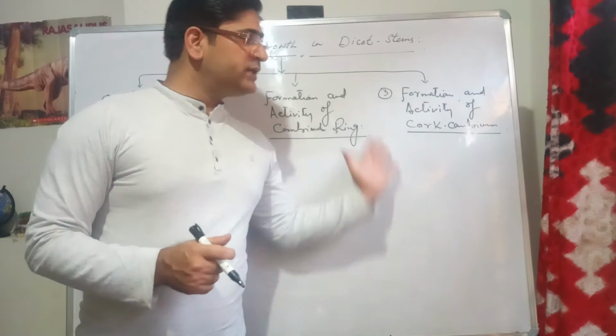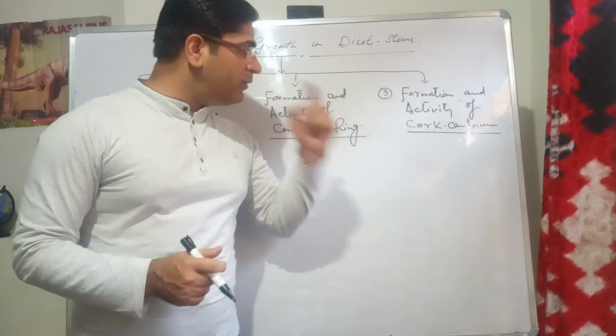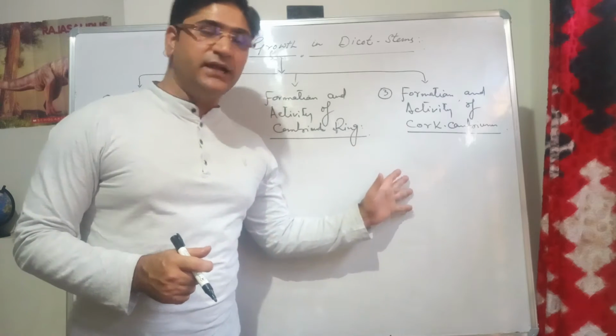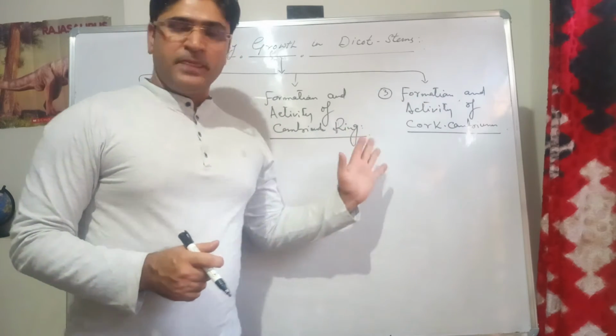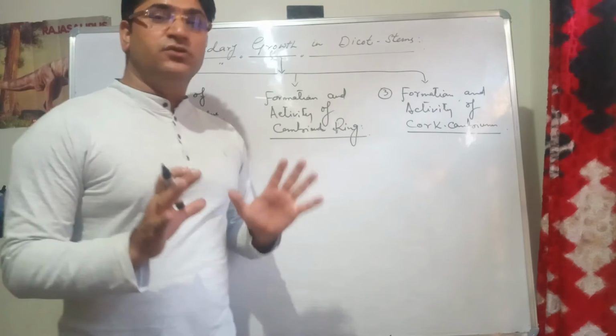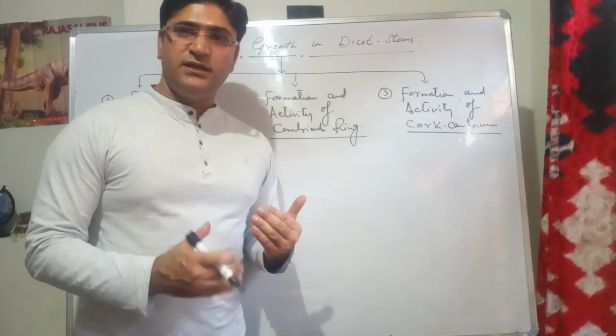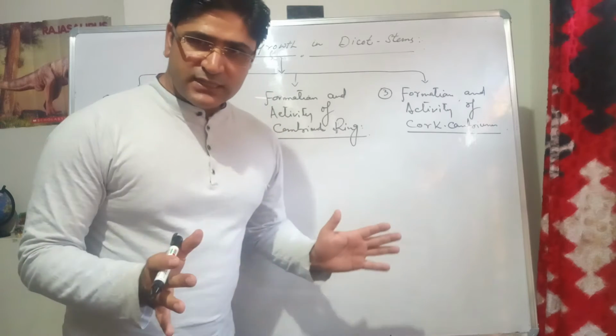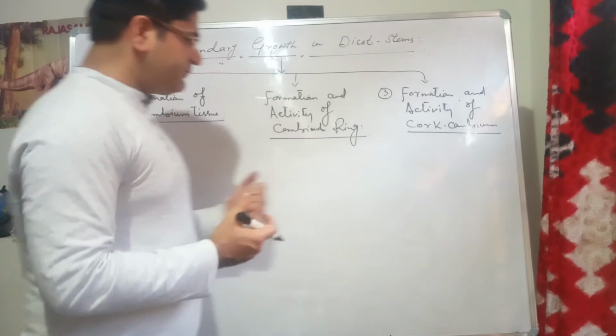How that cork cambium is going to be formed and what its activity is, that is another step. In these three steps, the whole secondary growth is going to be accomplished inside the plants. So let's understand stepwise.